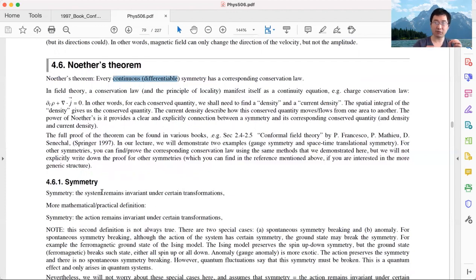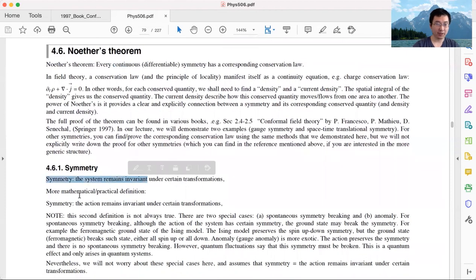Okay. And then I repeat the same experiment somewhere far away, say on the moon. And I do the same experiment and I find the same physics law, which is also Newton's equation. Okay. Translational symmetry means here and there, the system is the same. In other words, if I move my system from here to there, everything remains the same. Okay. So symmetry in physics means if we do something, the system does not change. That is called symmetry. Okay.